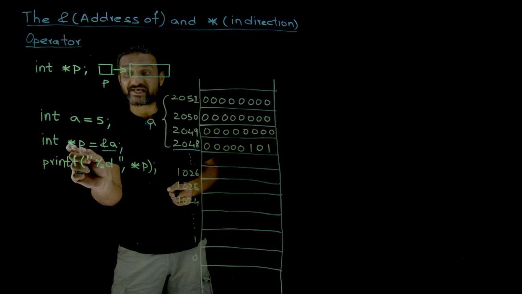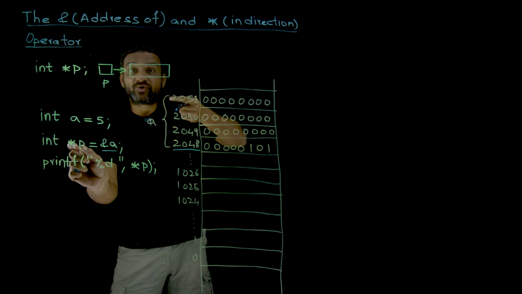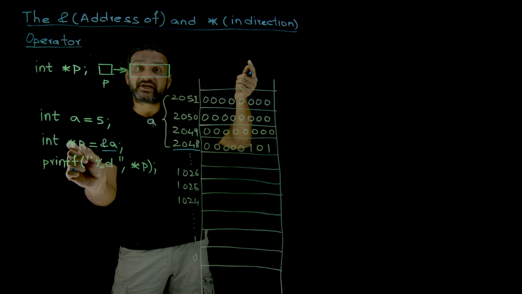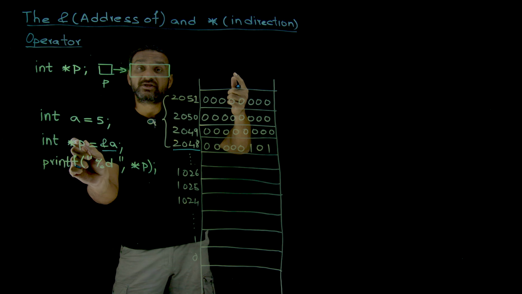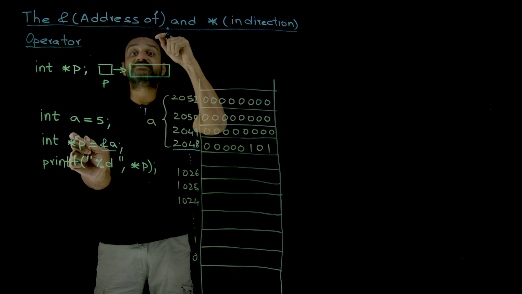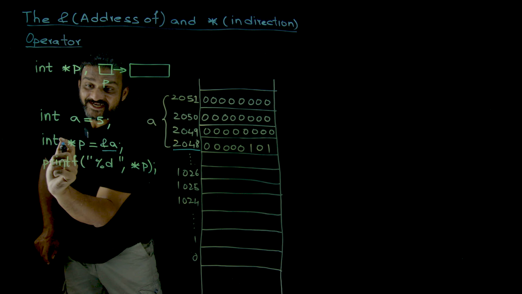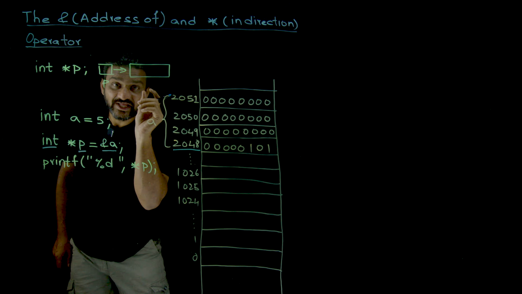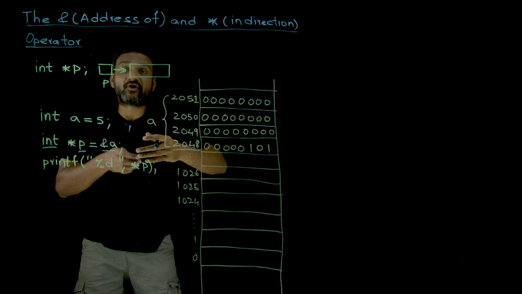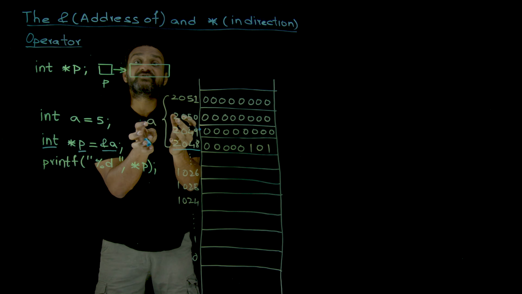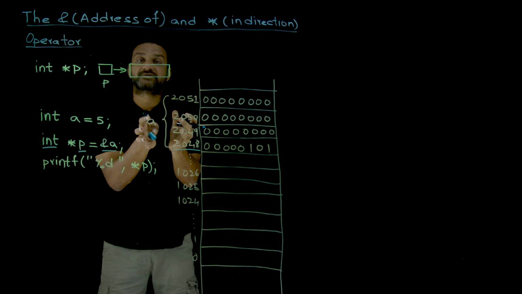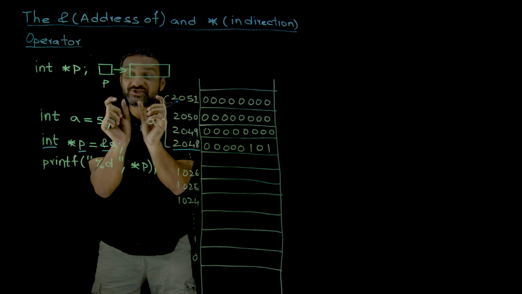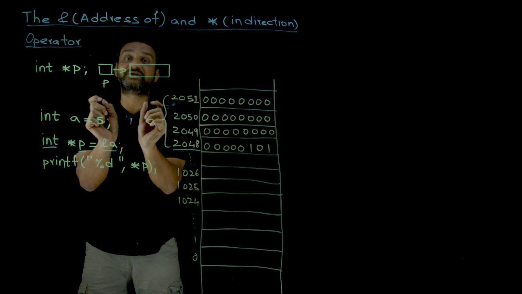With this declaration, we can say that P is a pointer which can store the address of another variable, a variable of type integer. So this int states that in this P, we can store the address of an integer type variable. Try to understand this. That is what this declaration statement means.